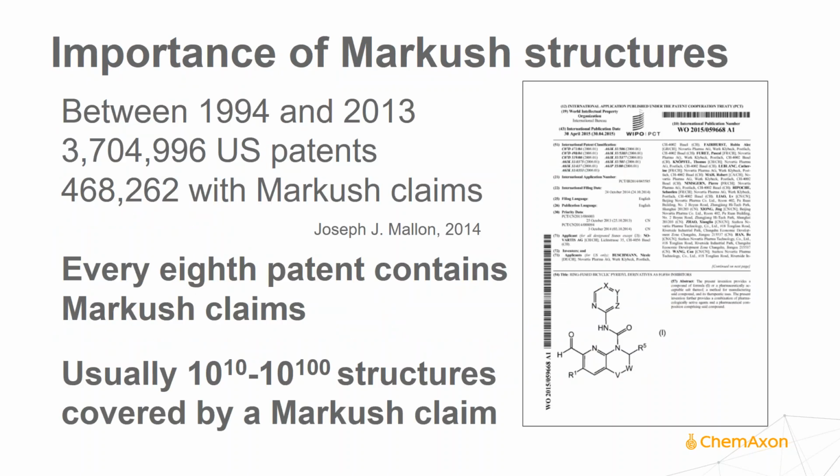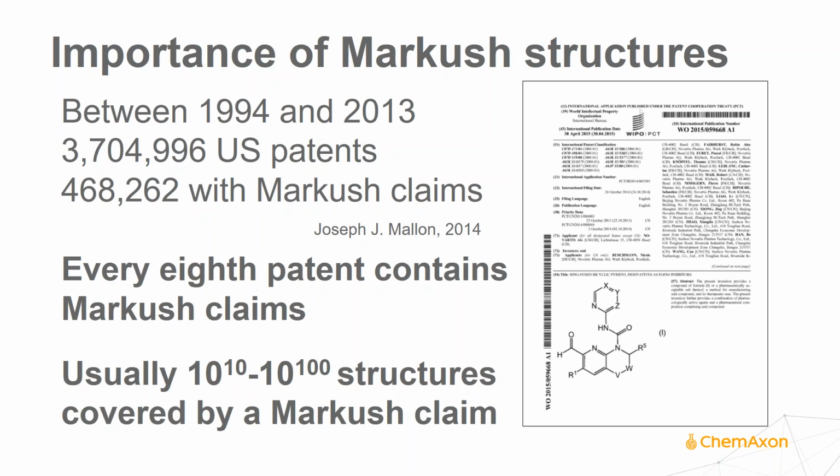I don't think it's necessary to highlight the importance of the Markush structures, just a little reminder about it. Here you can see some impressive numbers about the patents and how many of them contain Markush structures. In general, we can say every 8th patent contains some Markush claims. Obviously, these are not only chemical patents, but most of them are.